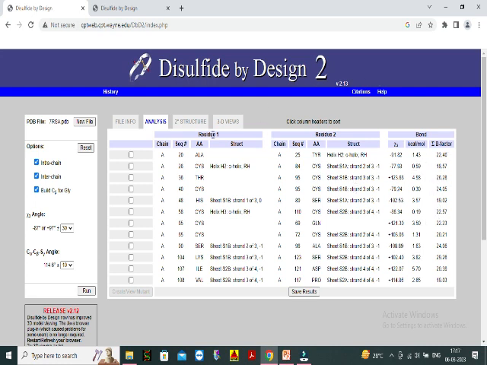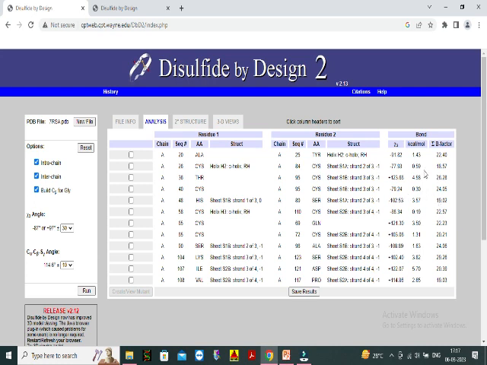So we can read the results as: the alanine present at position 20 forms a disulfide linkage with tyrosine present at position 25, and the value of the torsion angle is minus 91.82, the bond energy is 1.43, and the value of the beta factor is 22.40.